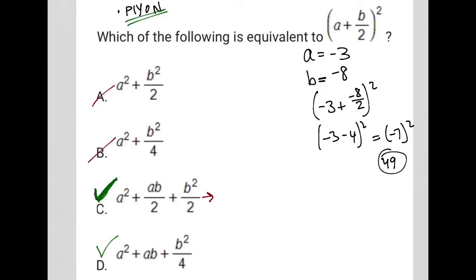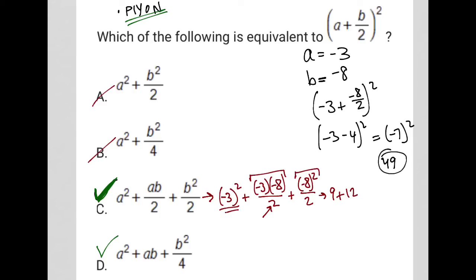So here, a being -3, I'd have (-3) squared plus -3 times -8 all over 2 plus (-8) squared over 2, which is (-3) squared is +9, -3 times -8 is +24, divided by 2 is +12, (-8) squared is 64, divided by 2 is 32, and I'd have 32 plus 12 is 44, plus 9 is 53, so I'd have 53 here, which of course is not equal to 49, so C would be crossed out.